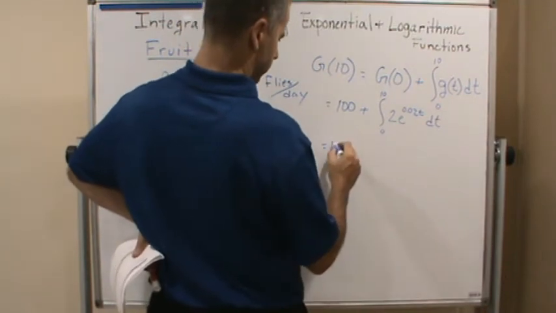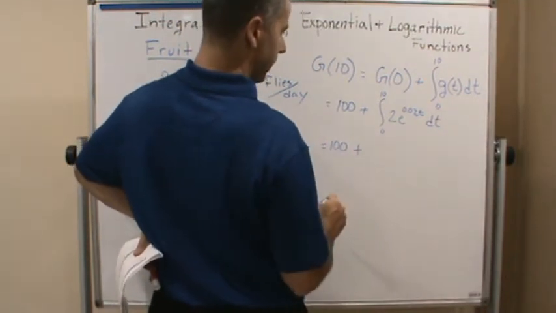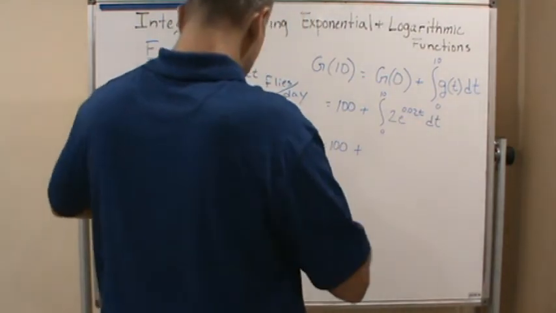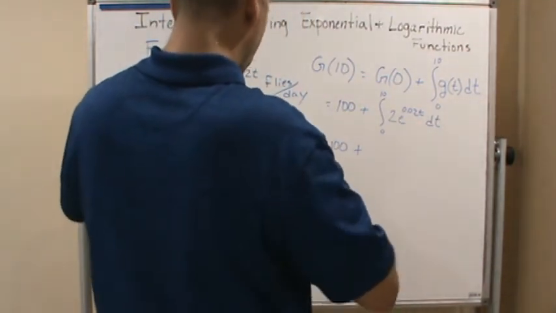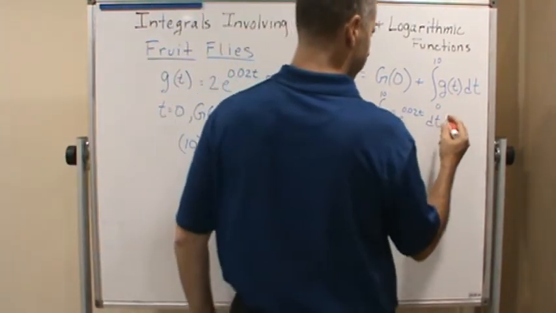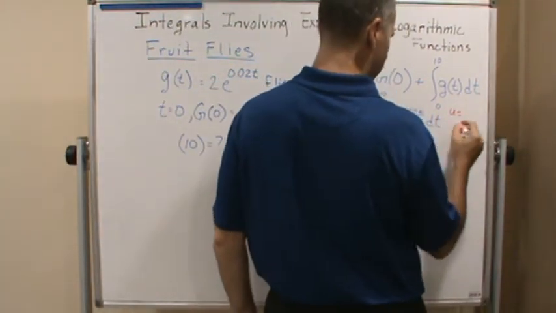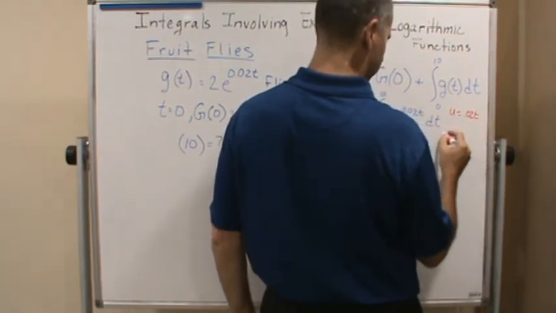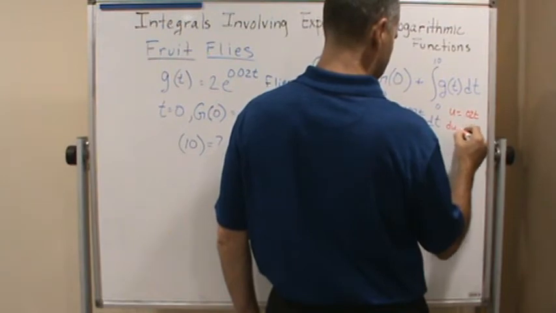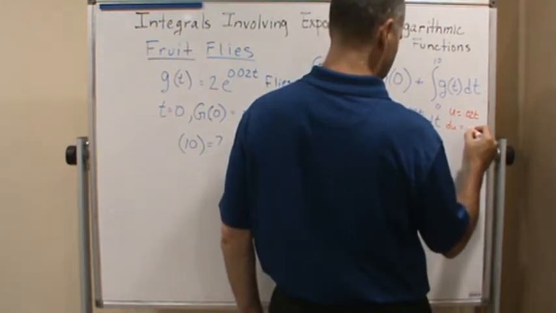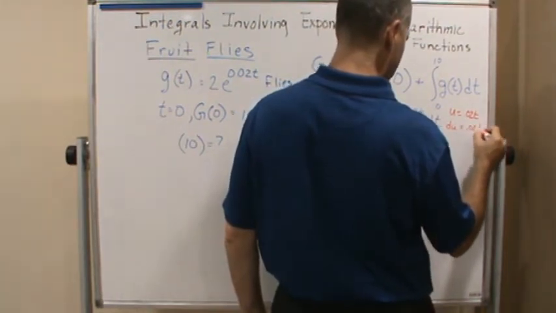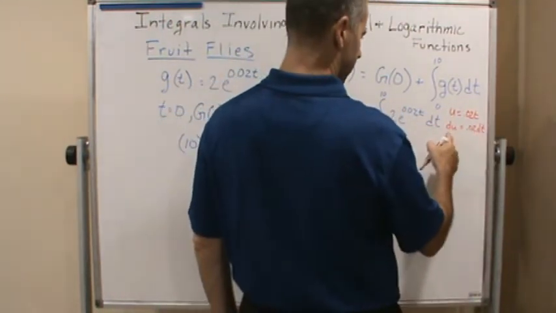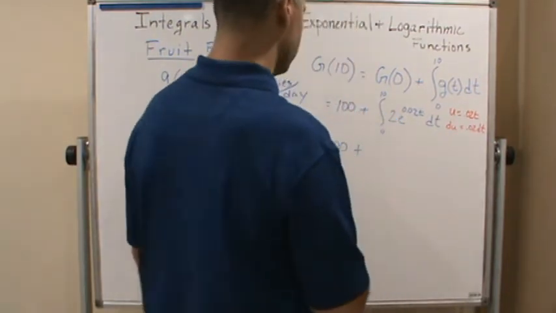And so now, let's integrate. In this case, I'm going to do a u substitution. So what's the u substitution we're going to use? I'm going to make u equal to 0.02t, and then du is going to equal 0.02 dt.